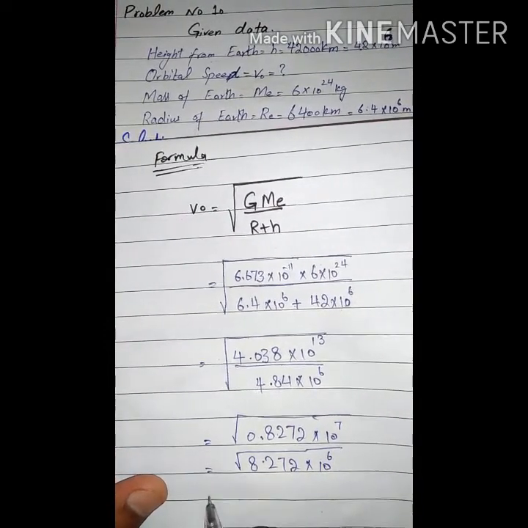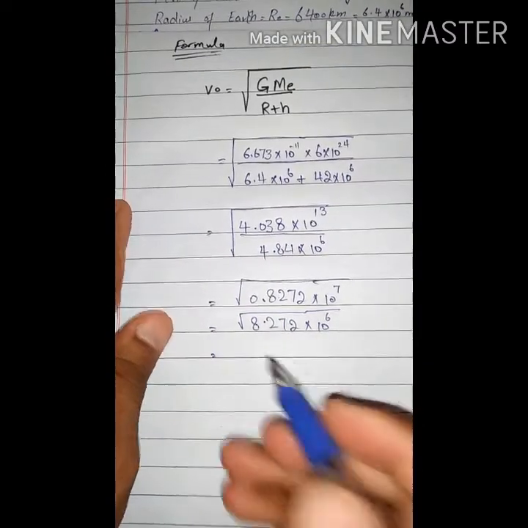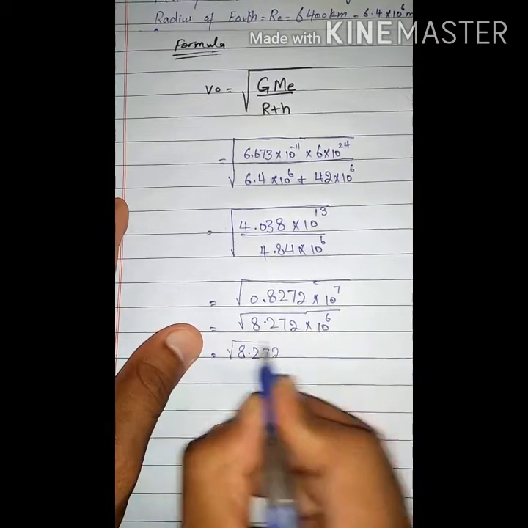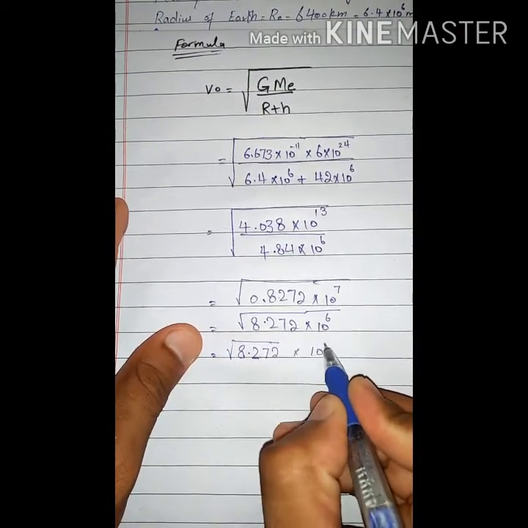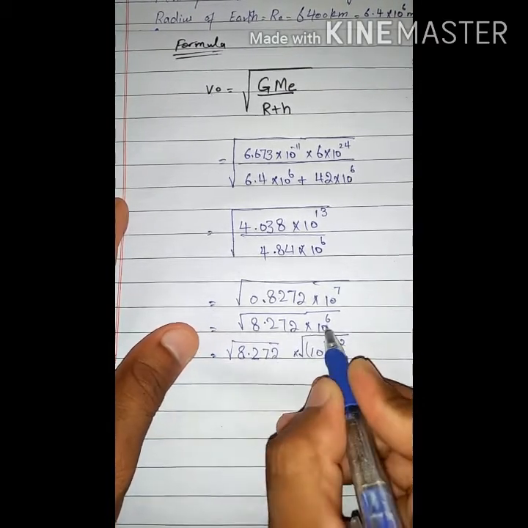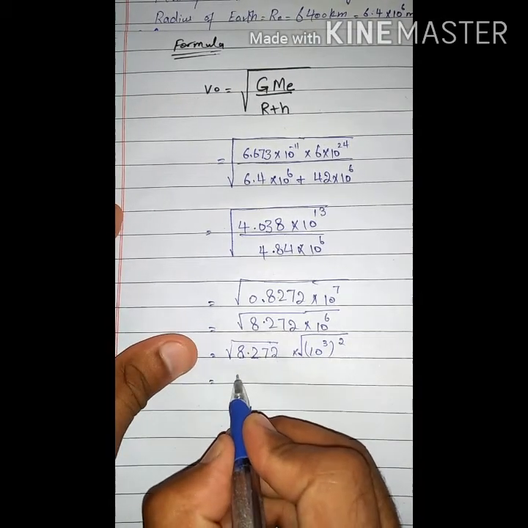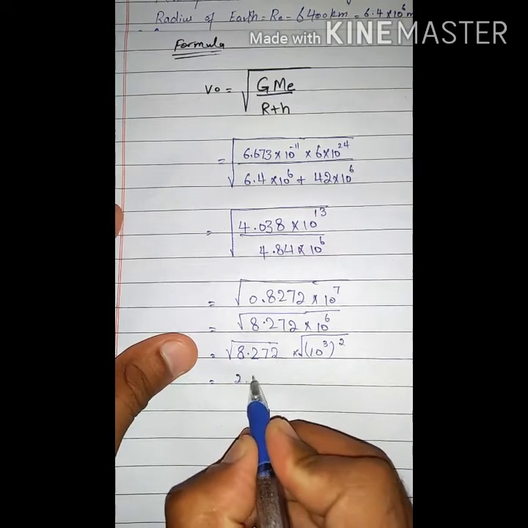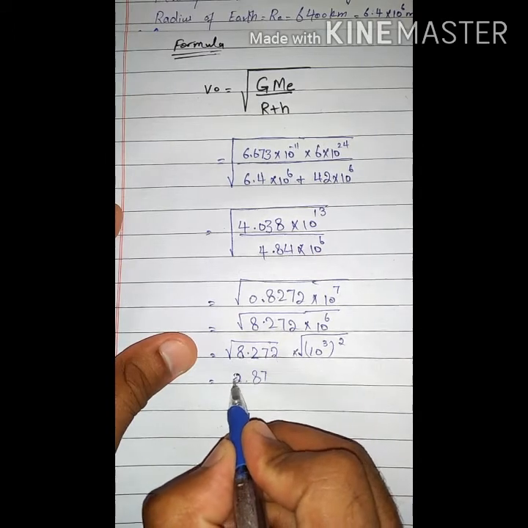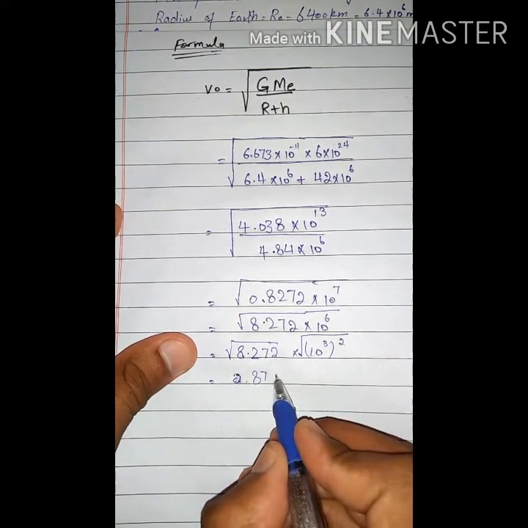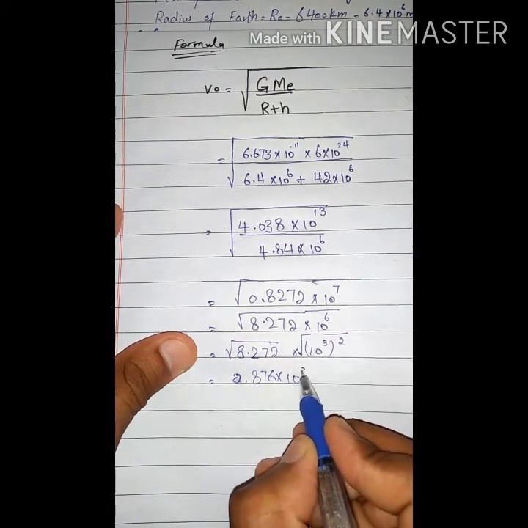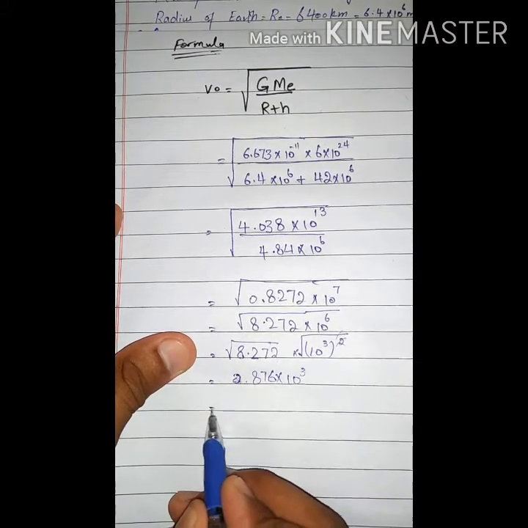So now, taking the square root separately, we can break 10 to the power 6, and the answer will be 2.876 multiplied by 10 to the power 3, because the power halves.